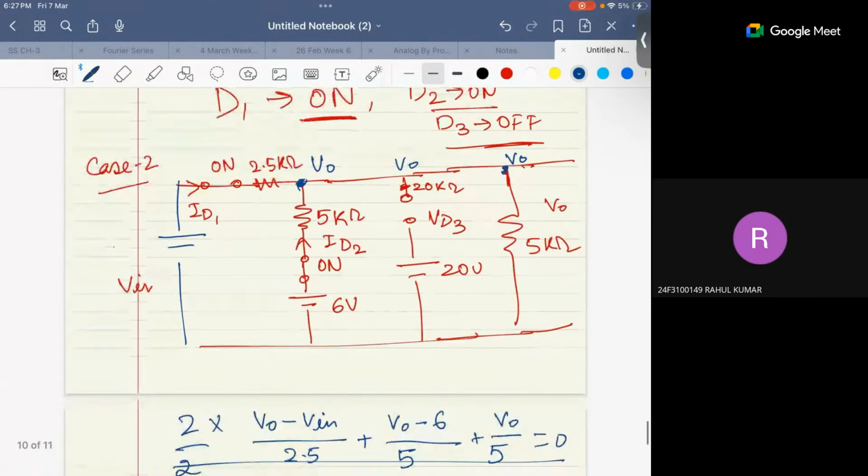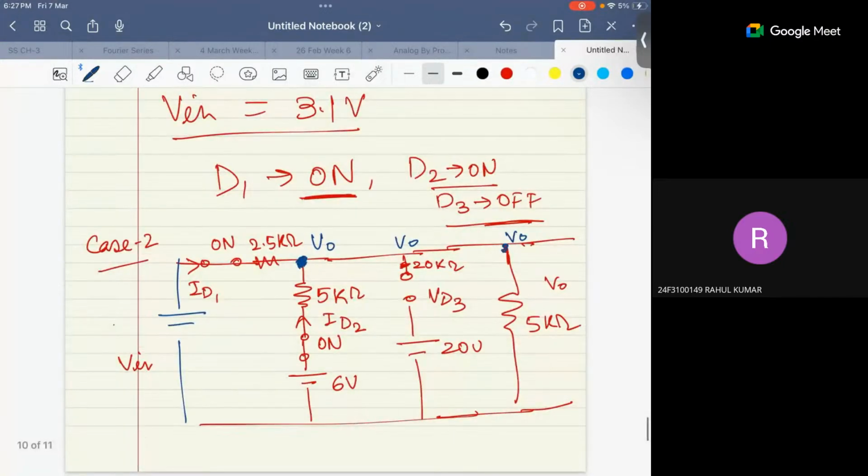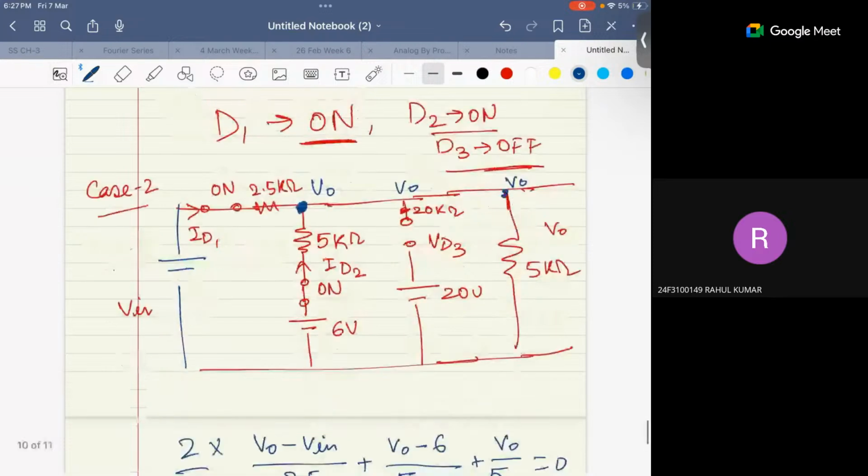So this ID2 should be coming out to be positive, to have D2 on. The potential of this node is V0, and here you have 6 volt, so V0 must be less than 6 volt, to have a current from 6 volt to V0.